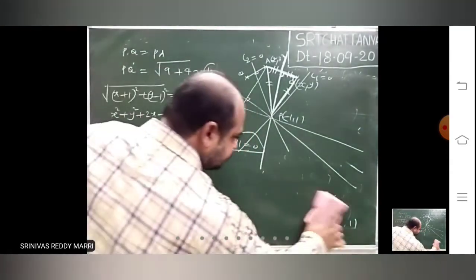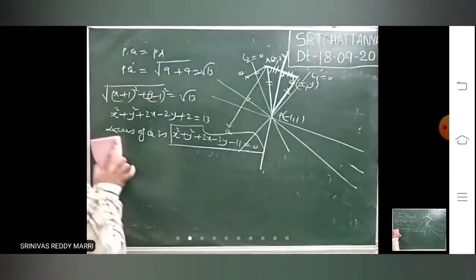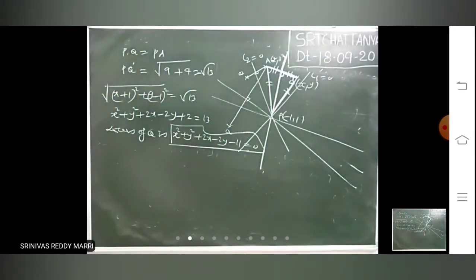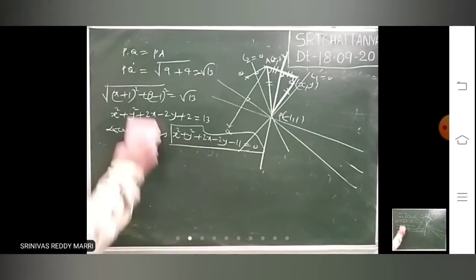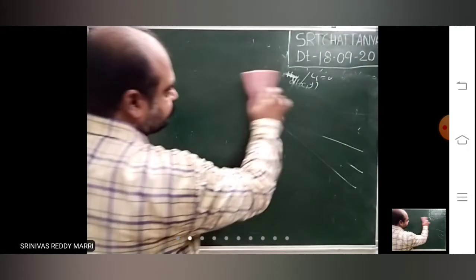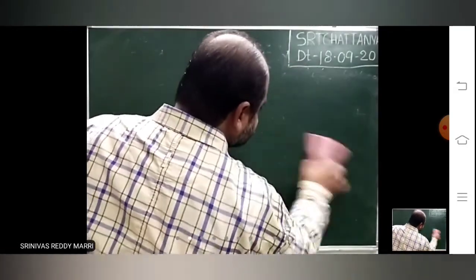Next concept is family of lines. One more concept is there, a simple concept. I have told the angular bisectors concept.